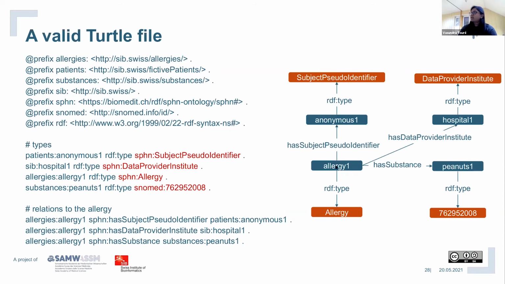And then allergy one has a substance peanut. And then from this, you can build up more and more, integrating more and more information into it. And this is the beauty of the graphs. You can just use the content that is provided with the schema, and then add more and more data to it.